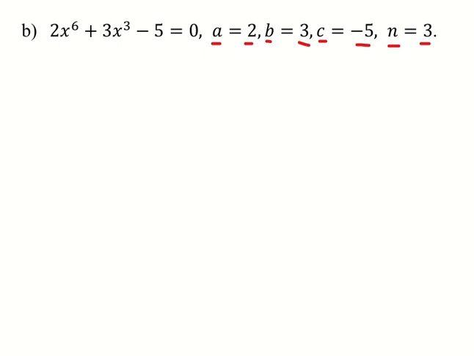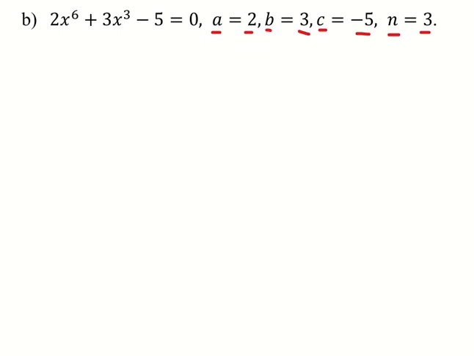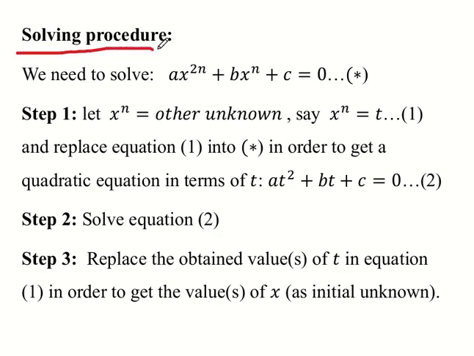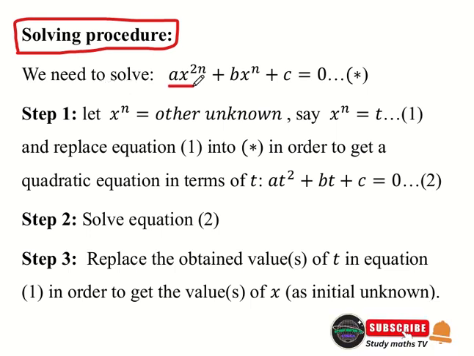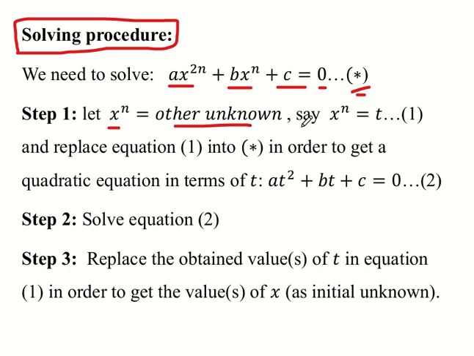So let's see how to solve the biquadratic equation. We have solving procedures. Here we need to solve ax power 2n plus bx power n plus c equals 0. This is equation star. Step number 1: let x power n equal another unknown, say x power n equals t.